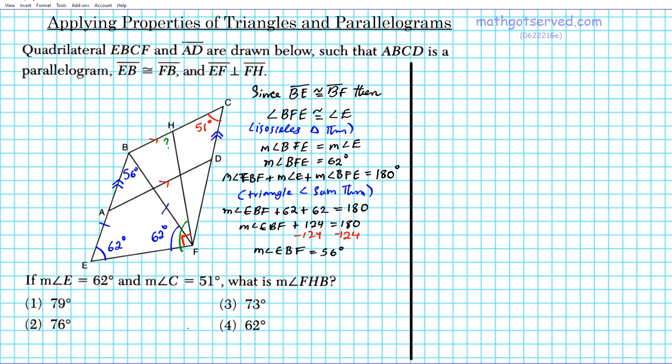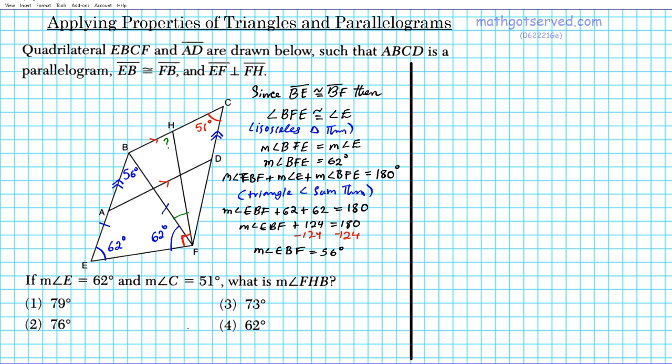All right, so what we're going to do is create a statement using the angle addition postulate. We want to determine what this angle measure is.